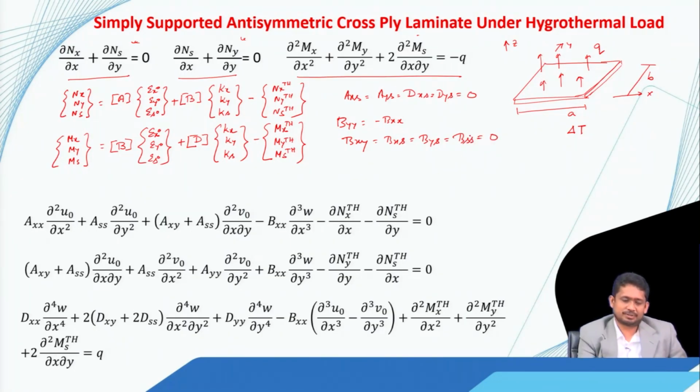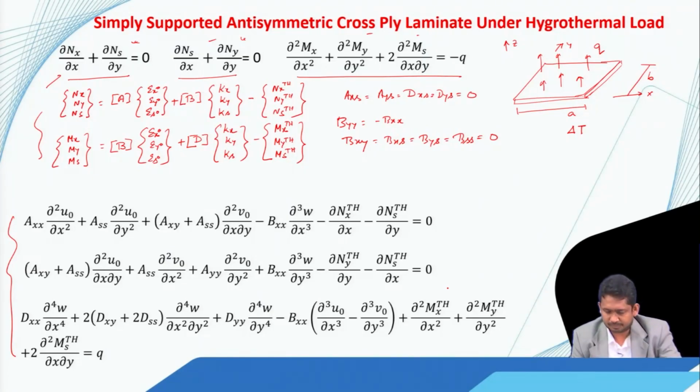So, if I put all these things in these three equations, we get these three equations, and we know that epsilon x0 is del u0 by del x and so on. So, this becomes our governing differential equations for this problem.